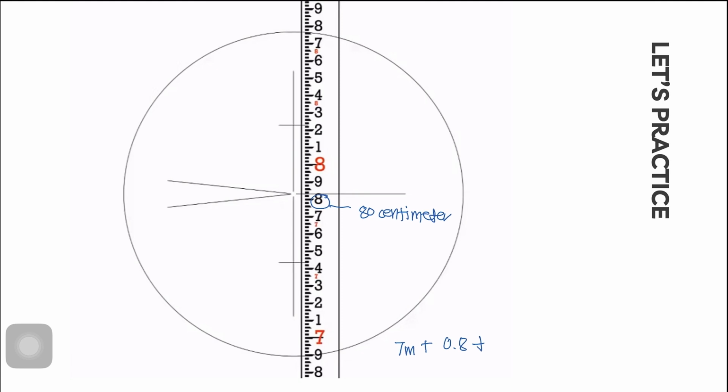So this means it is an odd number. So to read, 1, 3, plus 0.03 meters, or equivalent to 7.83 meters.